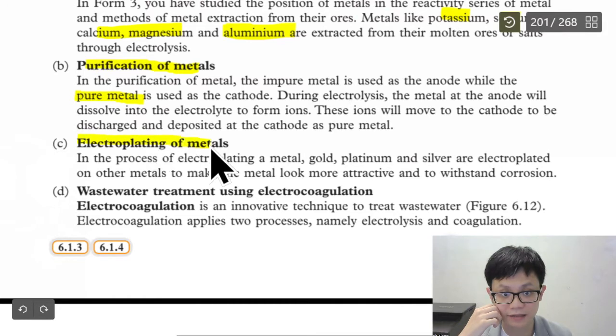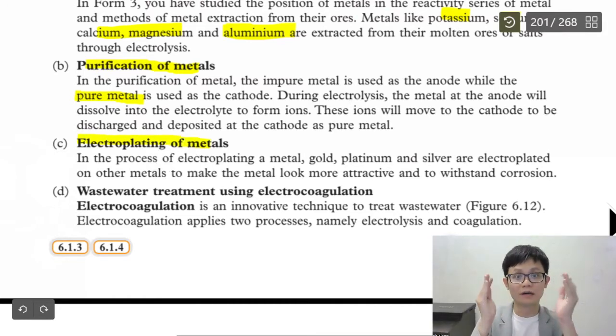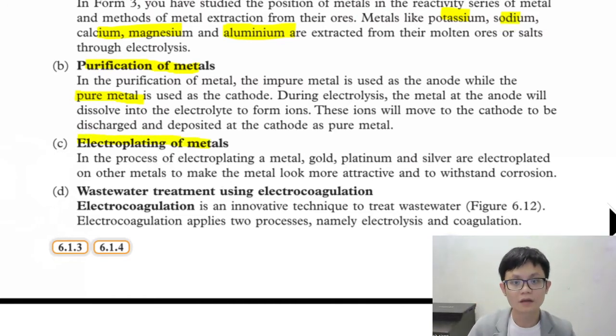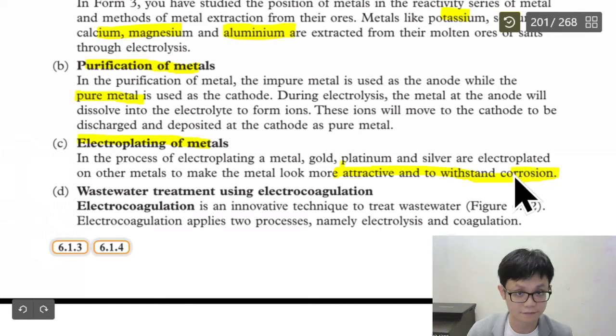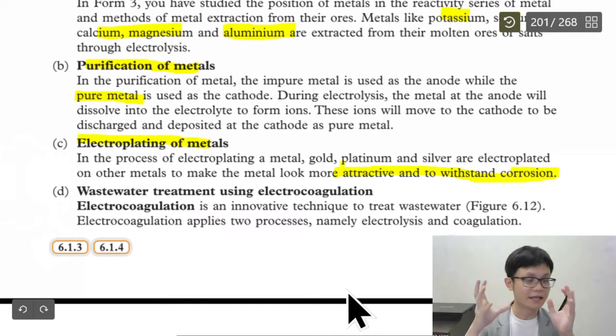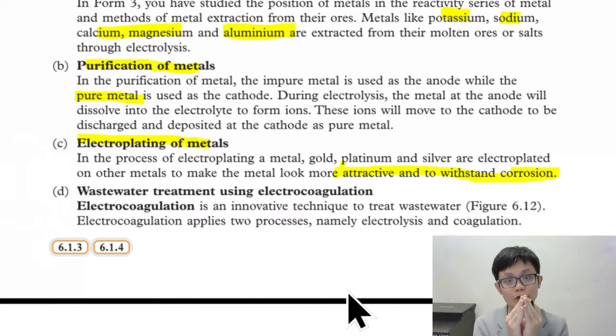Electroplating of metal means you want to cover the metal, so that the metal will look more attractive and withstand corrosion. It means there's a metal, but because this metal will rust, you want to wrap it with something. Maybe it's tin. If you know the milk tin that you buy from the shop, you can see it's shining.